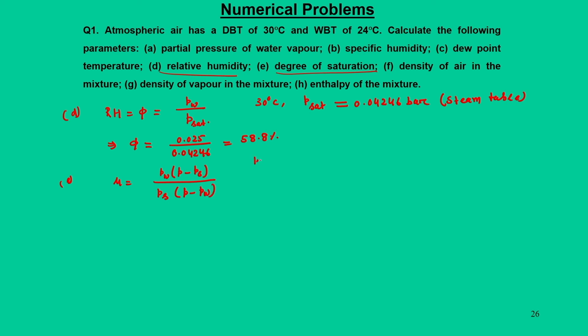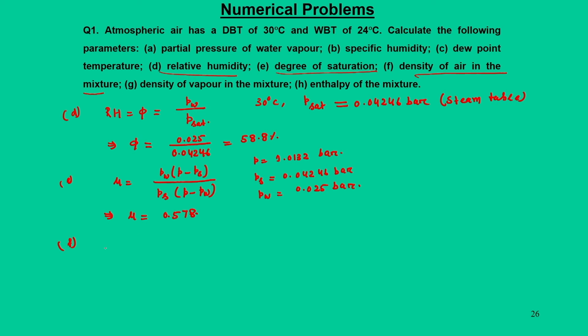So, here P is 1.0132 bar, Ps is 0.04246 bar and Pw is 0.025 bar. So, this will give you mu as 0.578.